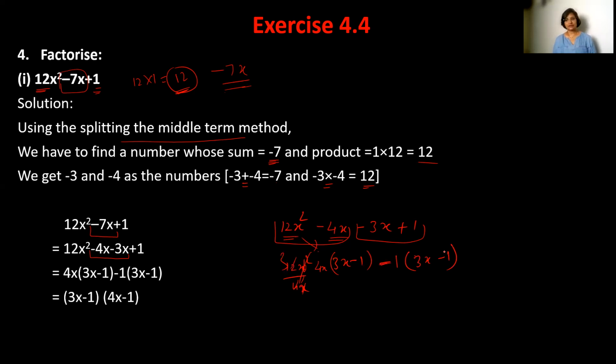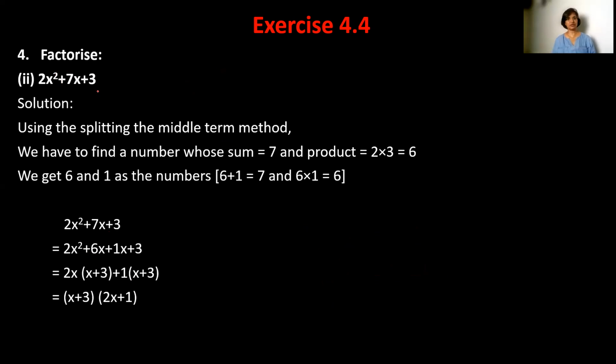Now one term is 4x into 3x minus 1 and another term is minus 1 into 3x minus 1. So 3x minus 1 is common for both terms, and what remains is 4x minus 1. These two are the factors of this polynomial.